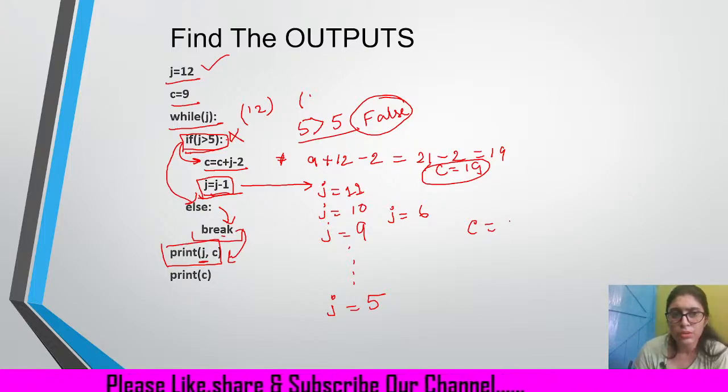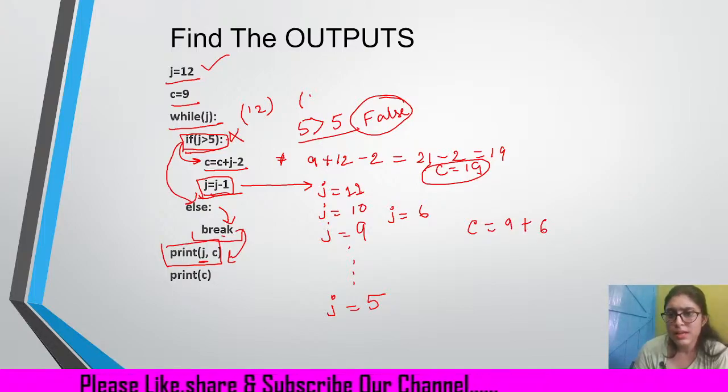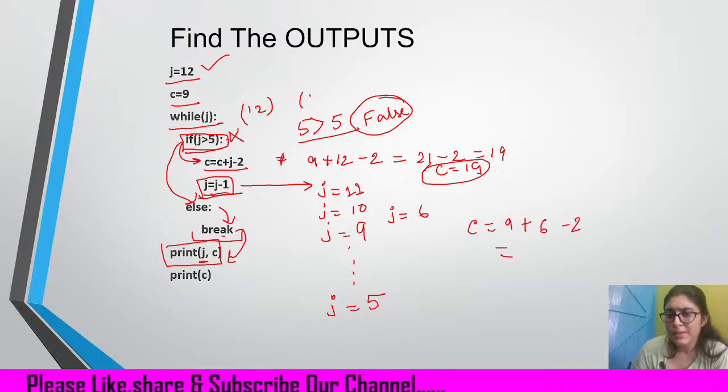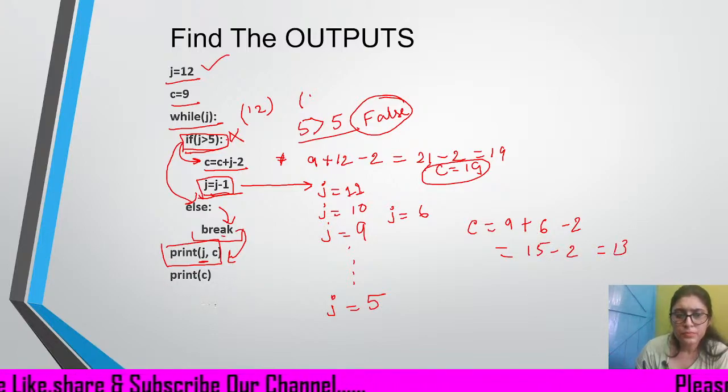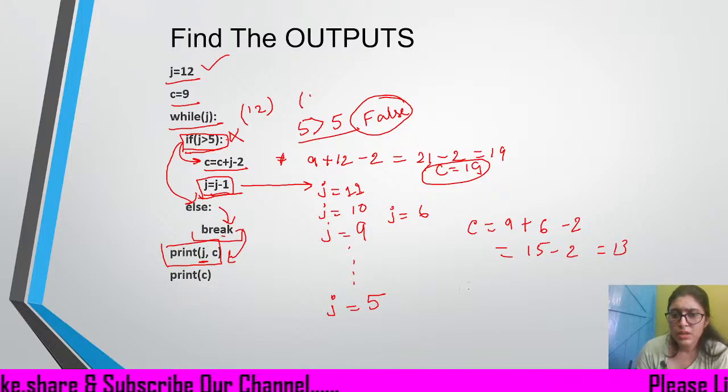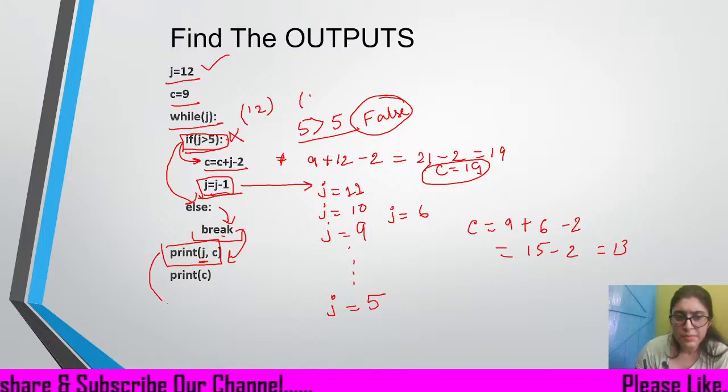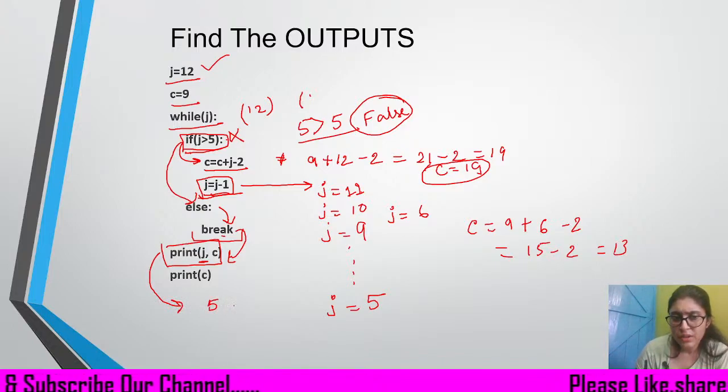This way you can count: 9 plus 6 minus 2. 9 plus 6 is 15, minus 2 is 13. So the J value will be 5, and this print statement will print 5 and 13. No comma will be printed.